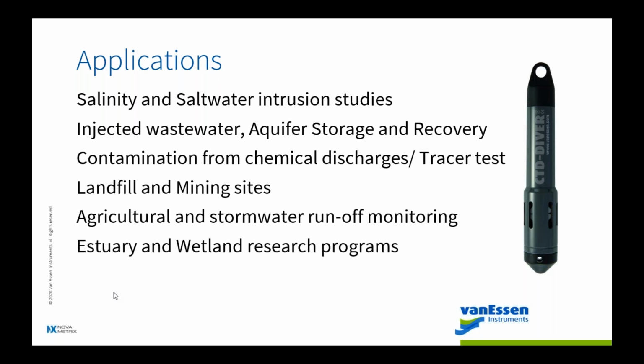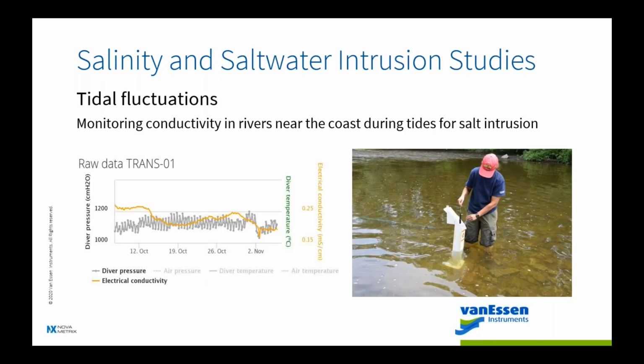There's a pretty big project that our colleague to the north in Canada is working on with a government agency, and that is monitoring the snow melt and how the salt that's used to treat the roadways is affecting the environment, and they're using quite a number of CTDs on that project. Estuaries and wetland research programs. These are a couple of things that I'll be mentioning in more detail in the next few slides.